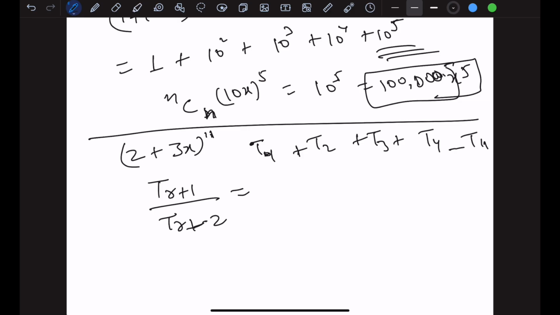So I'm just dividing consecutive terms, 3 by 4 or 4 by 5 or 5 by 6. But currently we don't know what my R is, so I'm just using the generic term to divide.